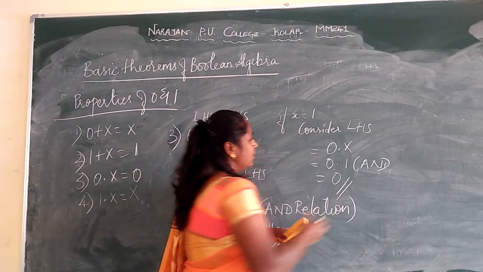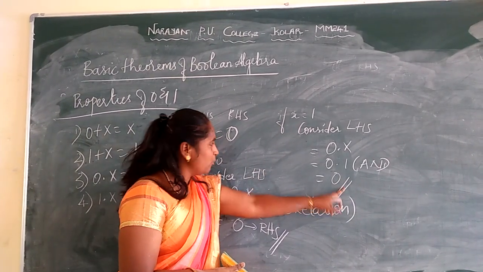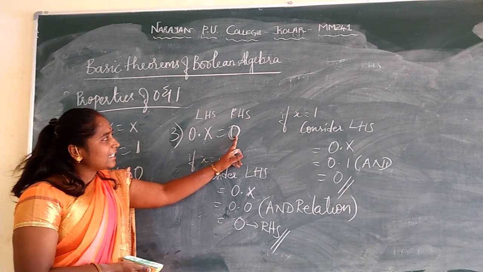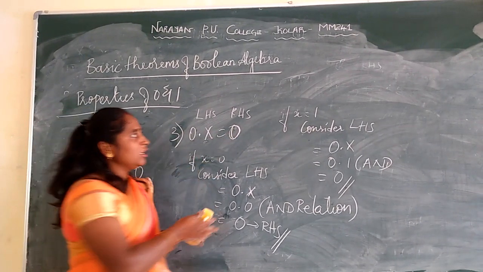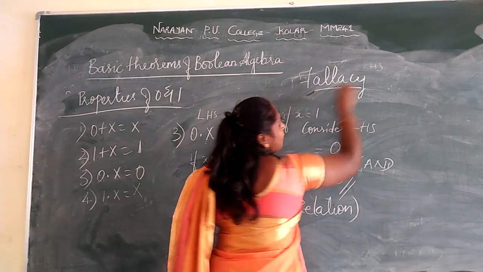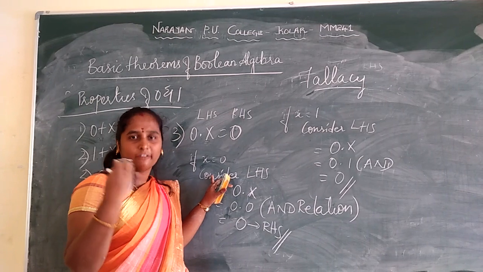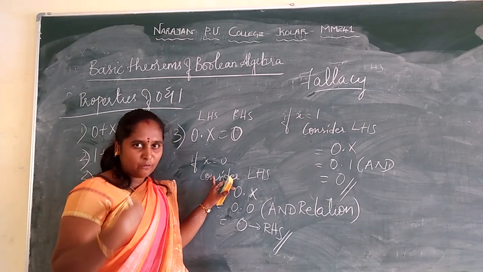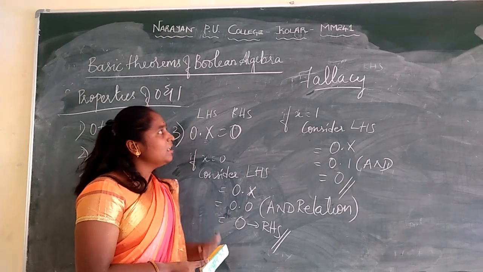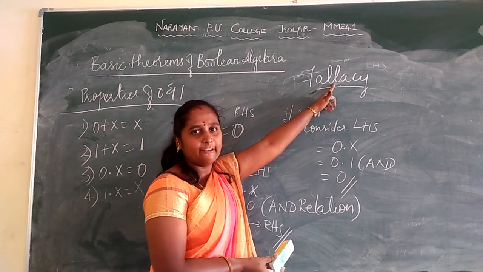So your RHS is proved. For every value of x, that is zeros and ones, you get the result as 0. This one we call a fallacy. If for every possible substitution of the values of a variable, either zeros or ones, you get the value always false or always 0, such a condition we call a fallacy.